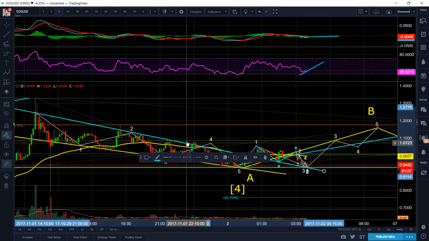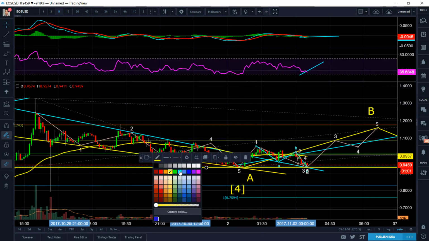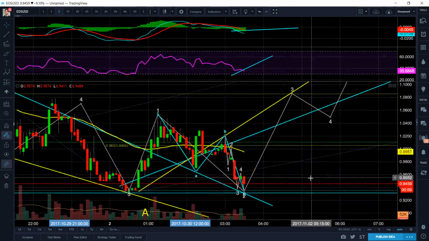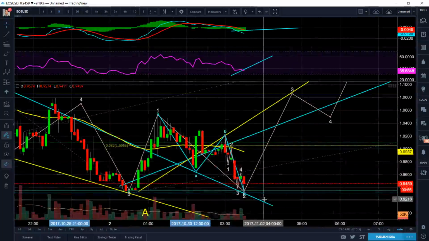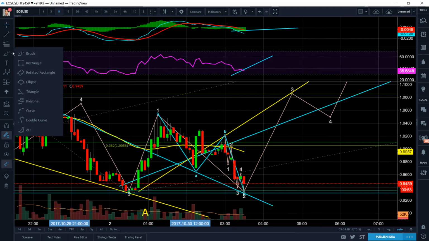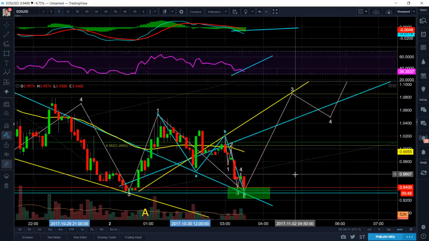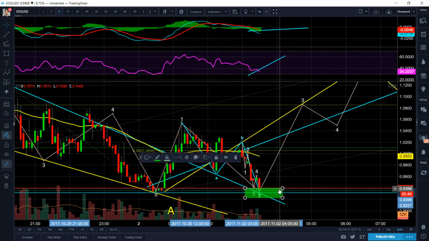Watch, this is teal. And also, this is where wave 1 began. This one right here. Okay. Notice that the teal one, this one, and the horizontal support, that indicates a buy region right here. It indicates a buy region from everything that I see.